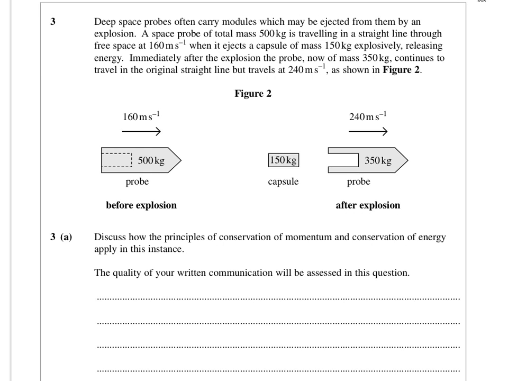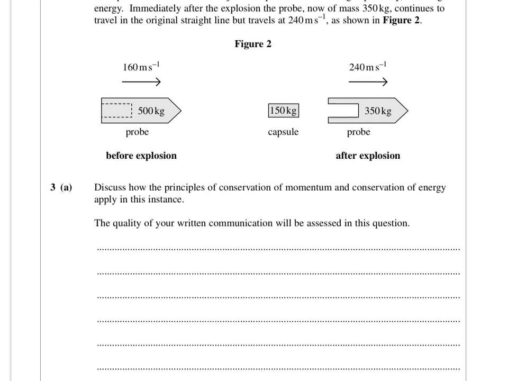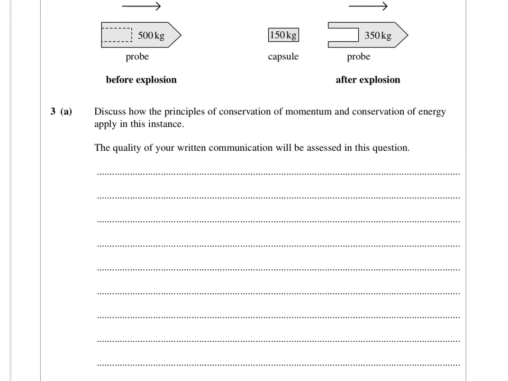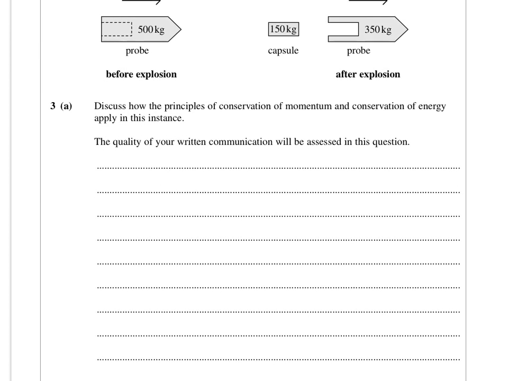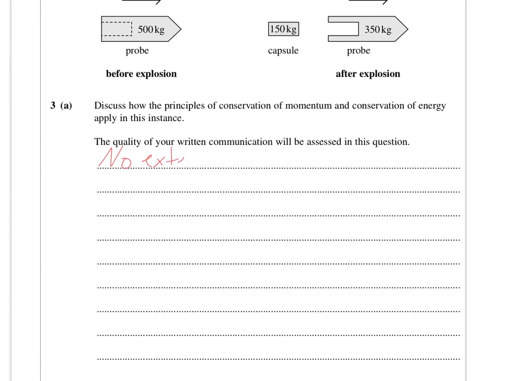Okay, so we've got a collision of two probes. One of them is being ejected and we're modelling it as an explosion. We've got some data. Discuss how the principle of conservation of momentum and conservation of energy apply in this instance. This is one of the assessed longer answer questions. The key thing is no external force has acted. That's always your starting point here.